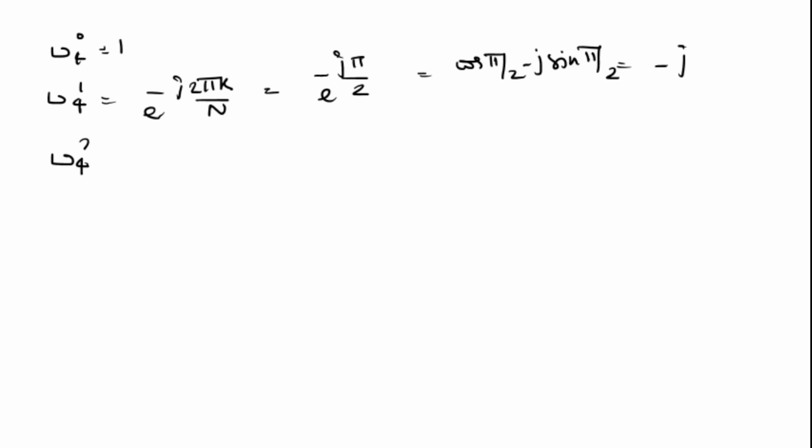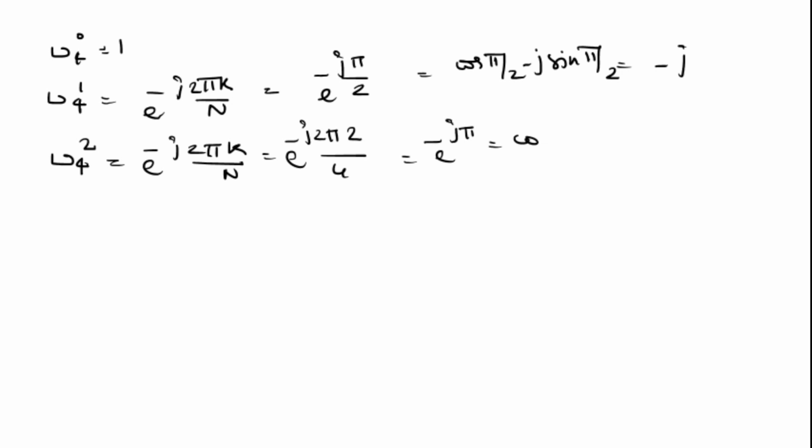Similarly, omega 4 of 2 is equal to e power minus j 2 pi k by n, which is equal to e power minus j 2 pi into 2 divided by 4, which is equal to e power minus j pi, that is cos pi minus j sin pi, which is equal to minus 1.